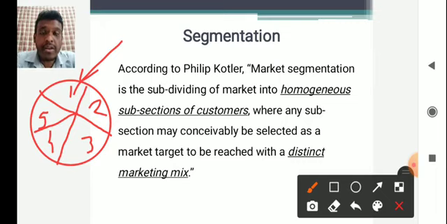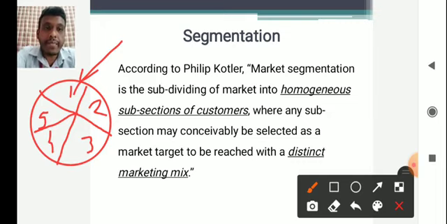The other price sensitive people want the product, but at a lesser price, even if the quality is just okay. That is okay for them, but it should be within their budget. So that is why companies come up with different segmentation, different types of products, and hence we have different marketing strategies for them. The product changes, the price changes, the promotion strategy changes, and the distribution strategy may also change for these different segments.